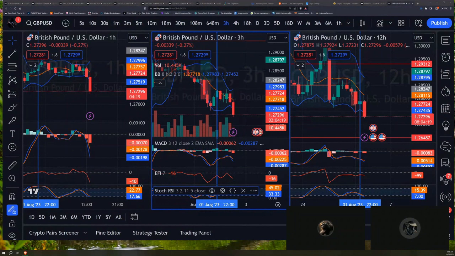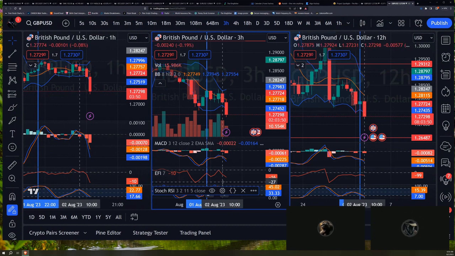Okay, so these RSI settings that he has for his inputs worked in his testing. That's why he has those. So that's good. You tested them, works best for you. In this case, what we have here is you have an RSI cross on the right, okay? You have in the middle right now, what I'm seeing is an MACD cross with your EFI being bearish.